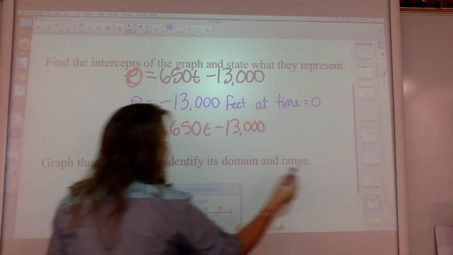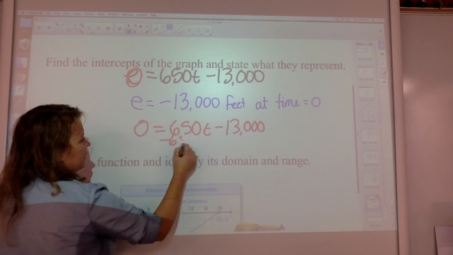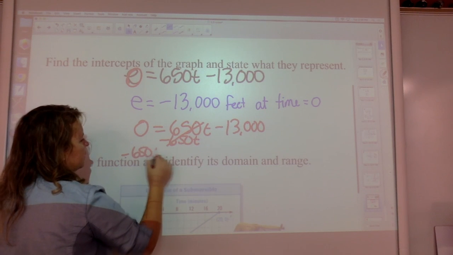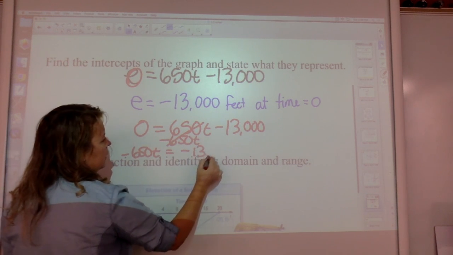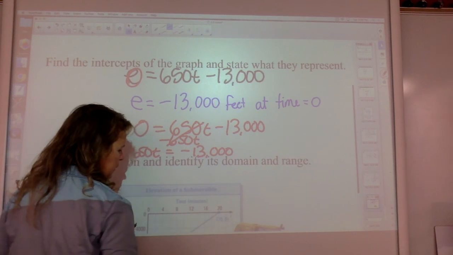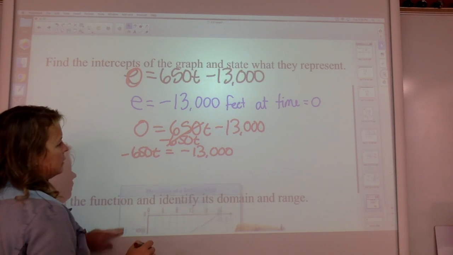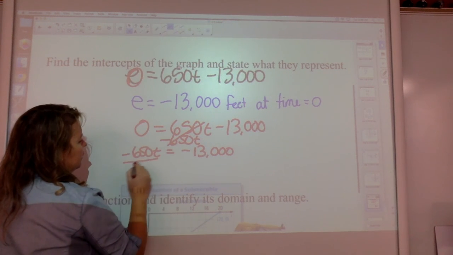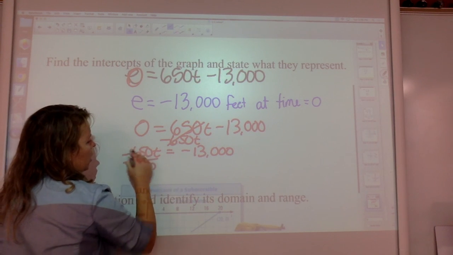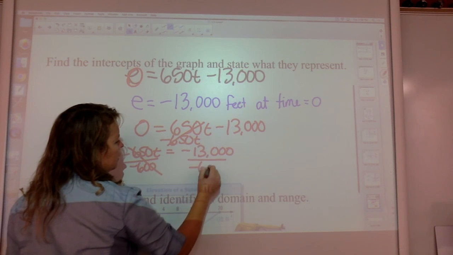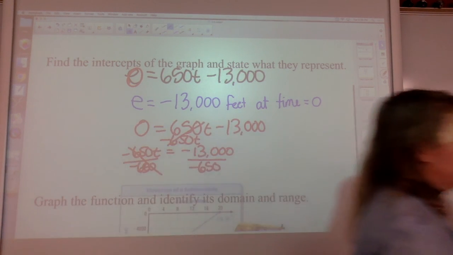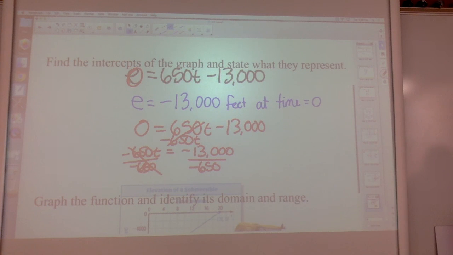I'll go ahead and put a negative 650t over to the other side. Equals negative 13,000. Get this out of the way. And then when you divide by negative 650, take negative 13,000 divided by negative 650.